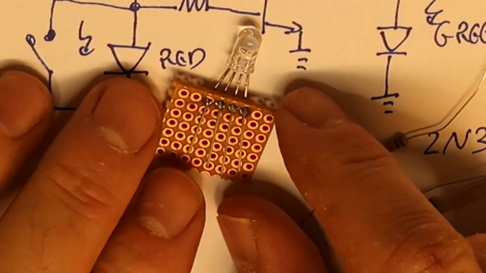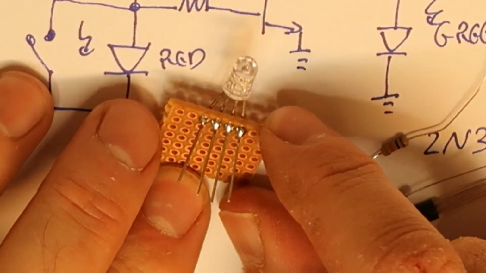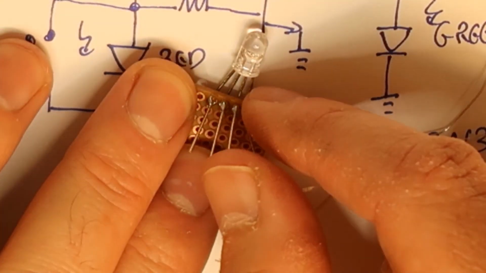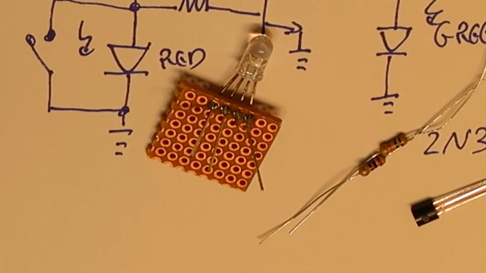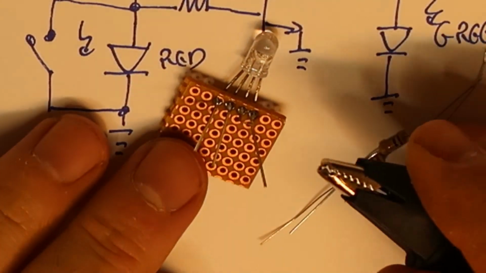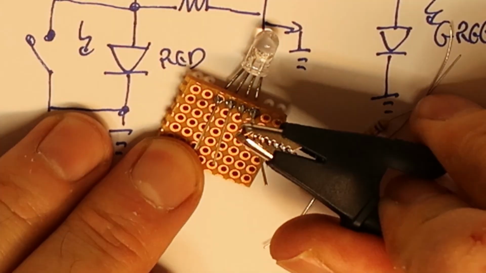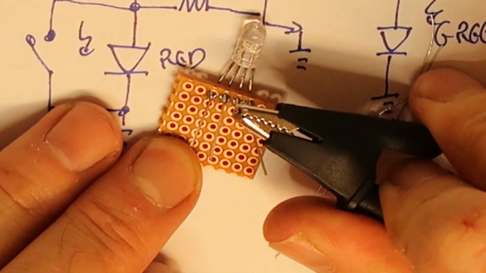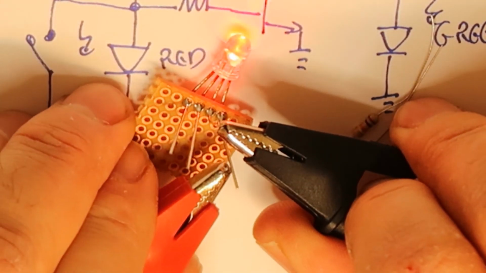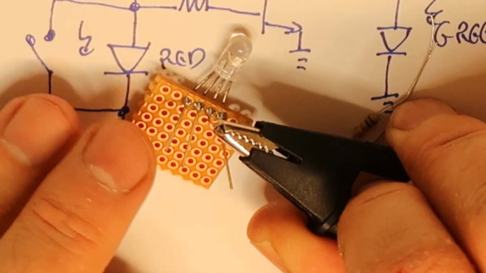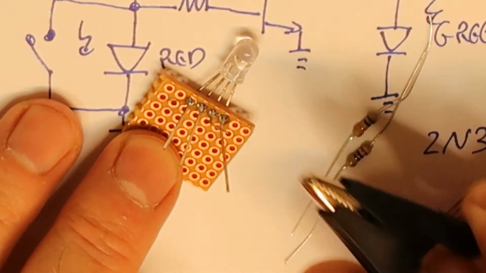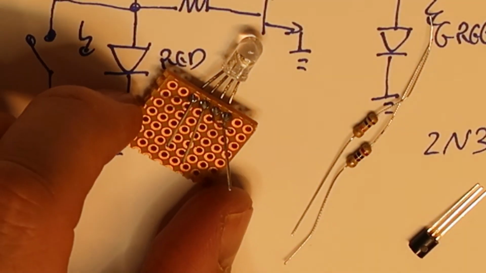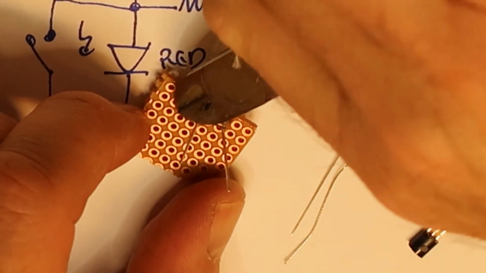I know which is the common cathode because I see it. This is the common cathode, the one that I've bent. So let's see which are the colors. This is the red and this is the green. This one I don't need, so maybe I will cut it out.